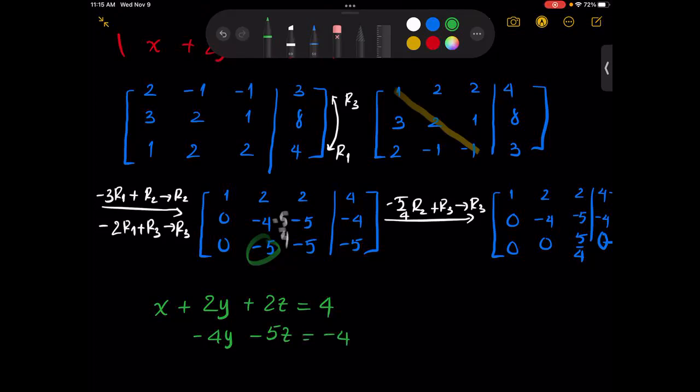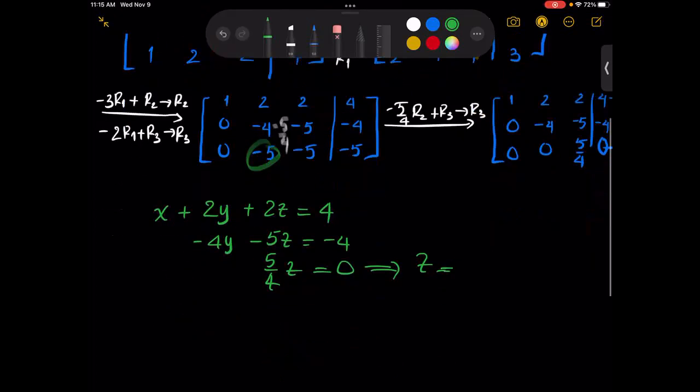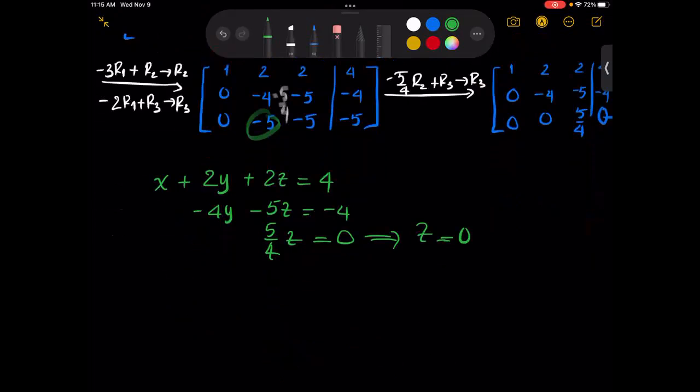Then 5 fourths z equals 0. 5 over 4 times something equals 0, so you plug in 0 for z.